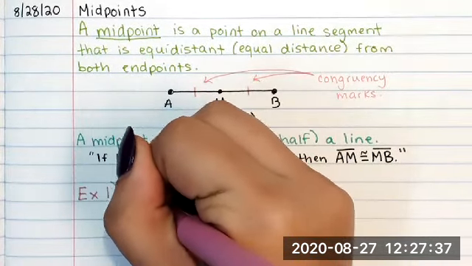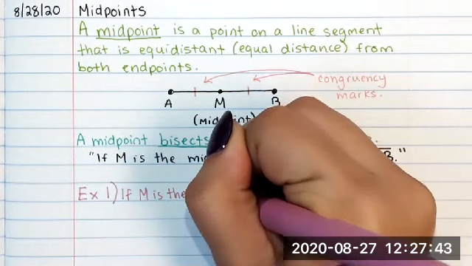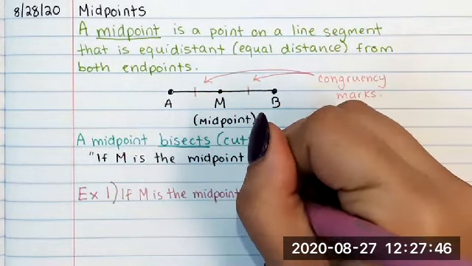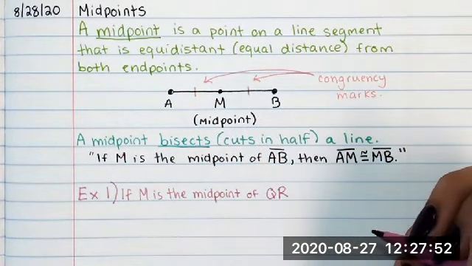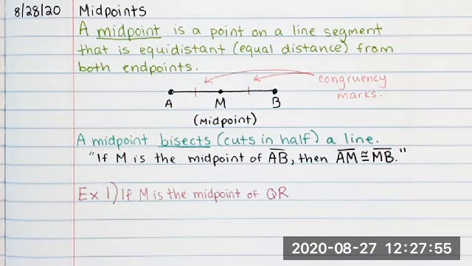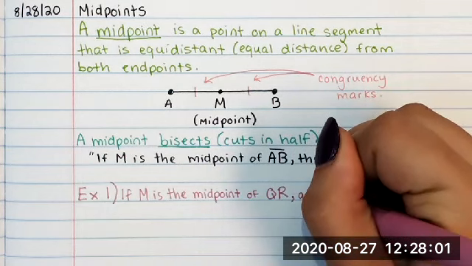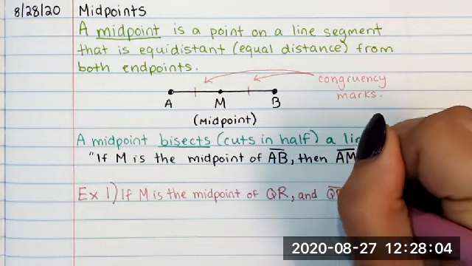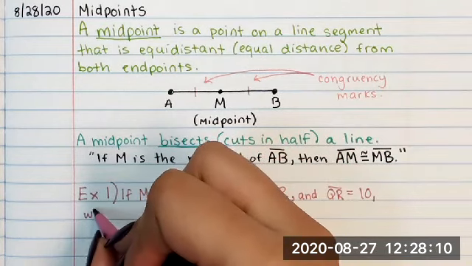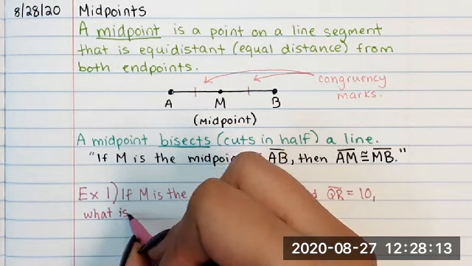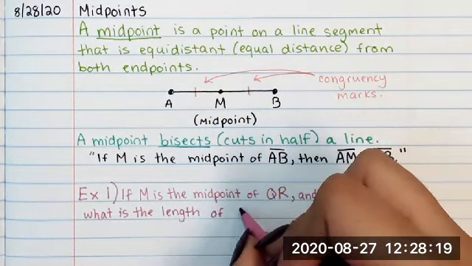So if M is the midpoint of QR, and QR equals 10, what is the length of QM?